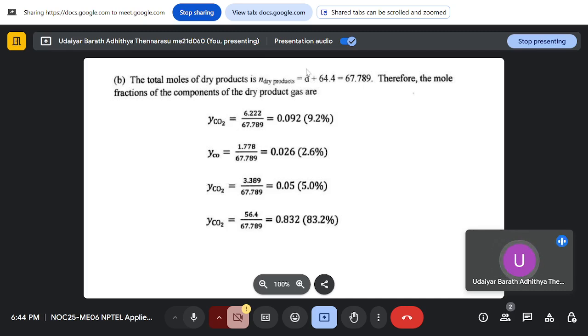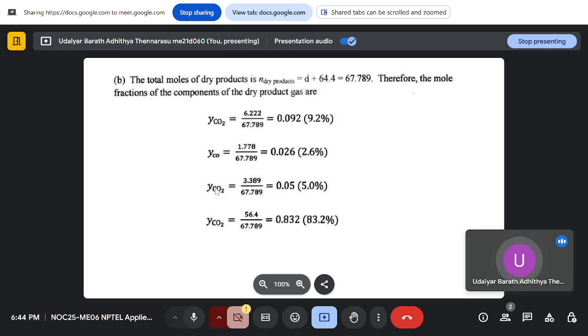So the mole fraction of each component: we got 6.222 moles of CO2, so moles of CO2 divided by the total moles gives you 9.2%, and similarly for CO we had 1.778 moles divided by the total number of moles gives you 0.026, that is 2.6%.